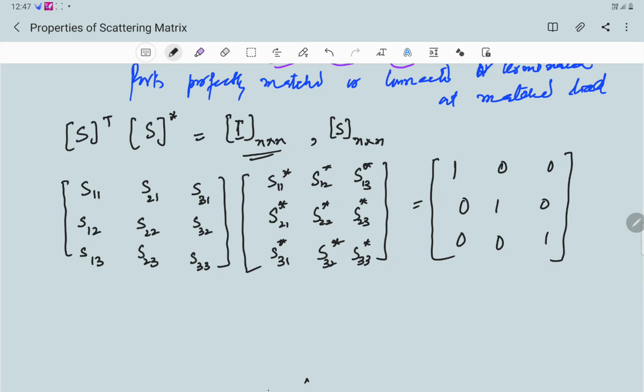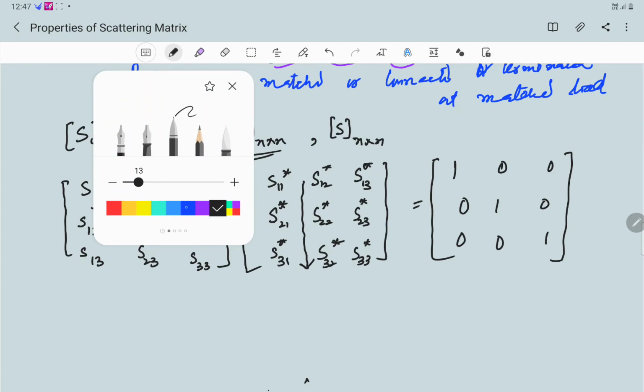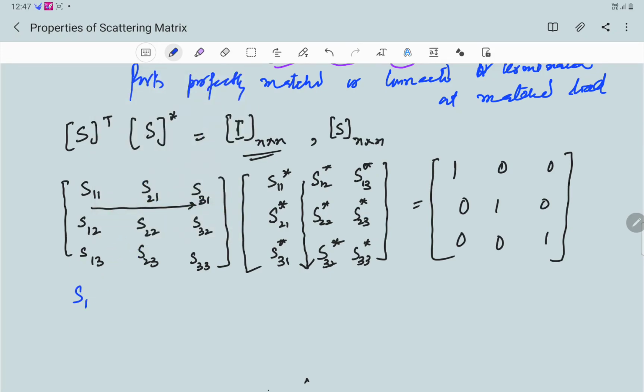Now if I multiply, say for example, this row with this column, I'll get S11 S12 star plus S21 S22 star plus S31 S32 star, and this time the right side will be 0.